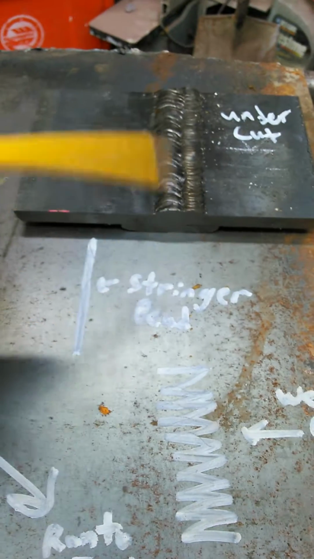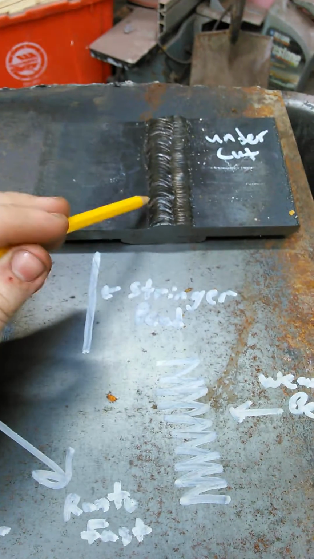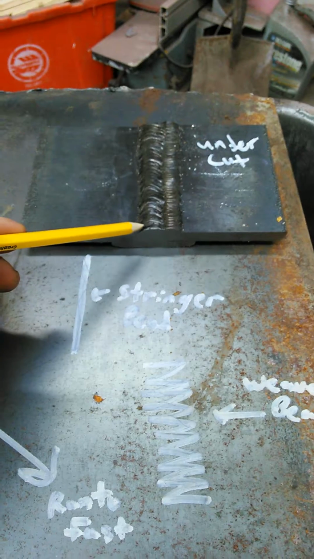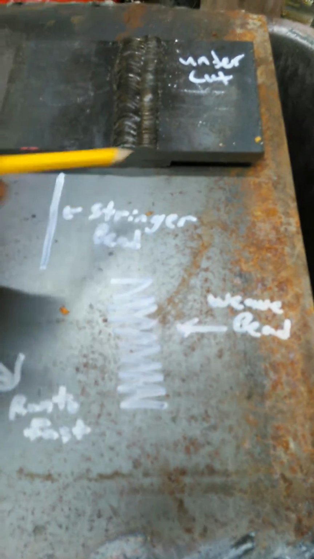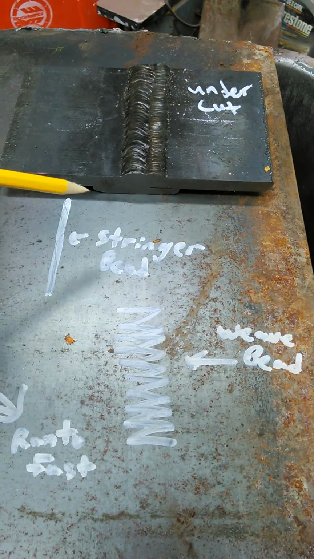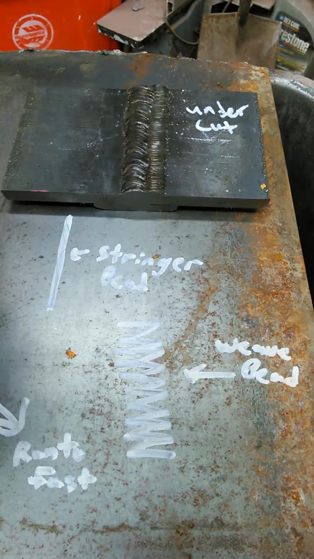And this weld right here is called a stringer, or not a stringer. This is a weave bead. My apologies for the little mistake. A weave bead can vary from Z weaves to figure eights, to squares. It doesn't matter, it's a weave bead.